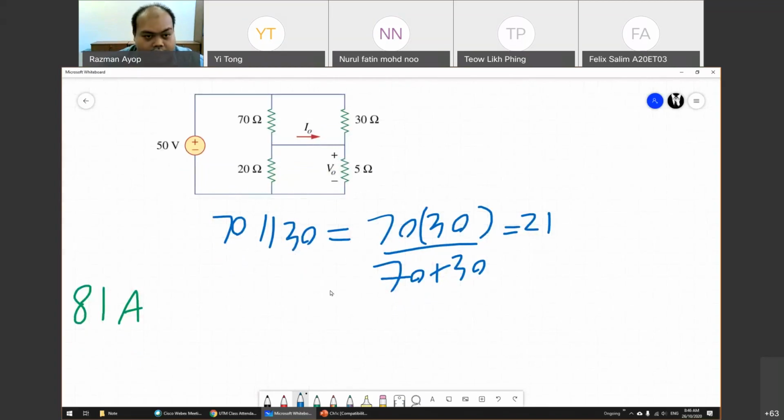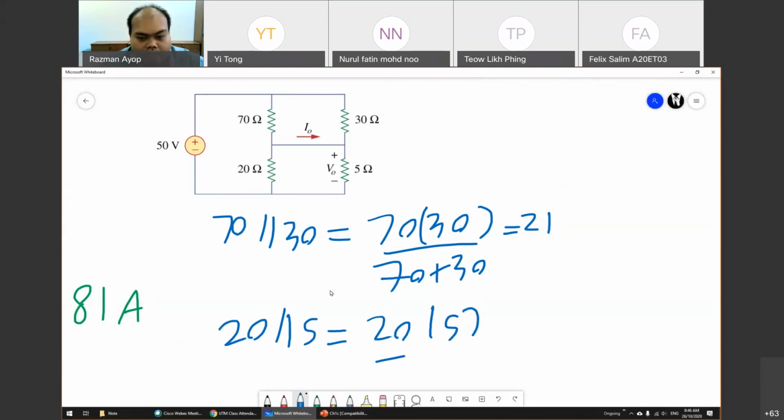Then you have to calculate the 20 parallel with 5. 20 plus 5 is 25, so 20 multiplied by 5 divided by 25, you get 4.